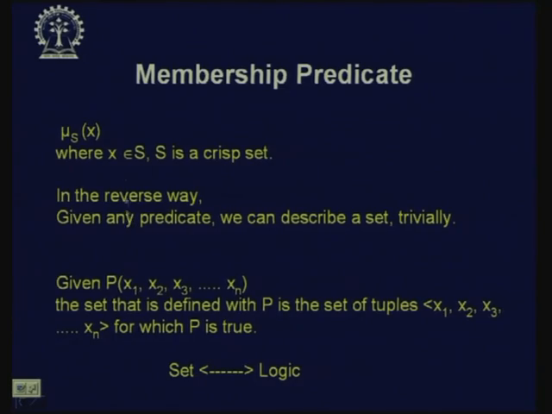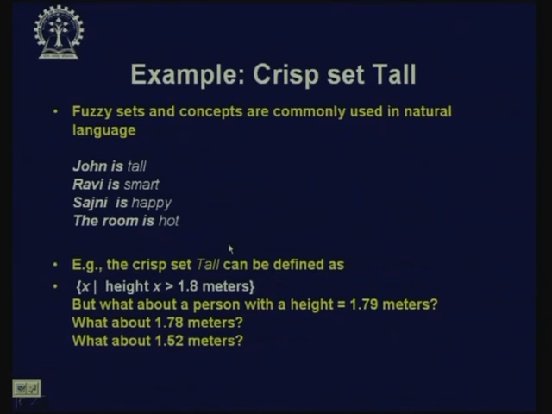So, we can say that mu S of x, again x is an element of the crisp set S, is also a membership predicate. All right.